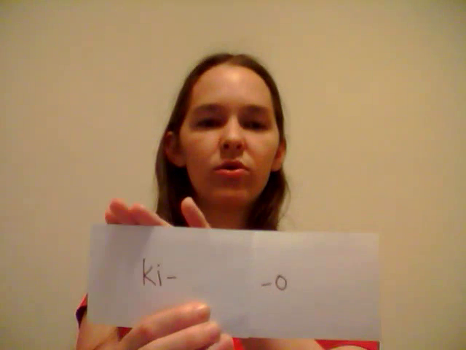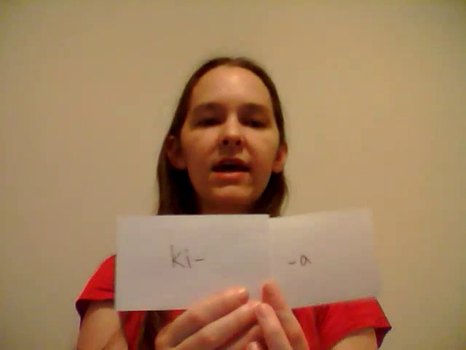Ajn is always going to be used after a correlative, and instead of just defining it by itself, I'm going to give you some examples. Kio is what thing, what. Kio ajn is whatever. And kia is what kind, or let's see here.